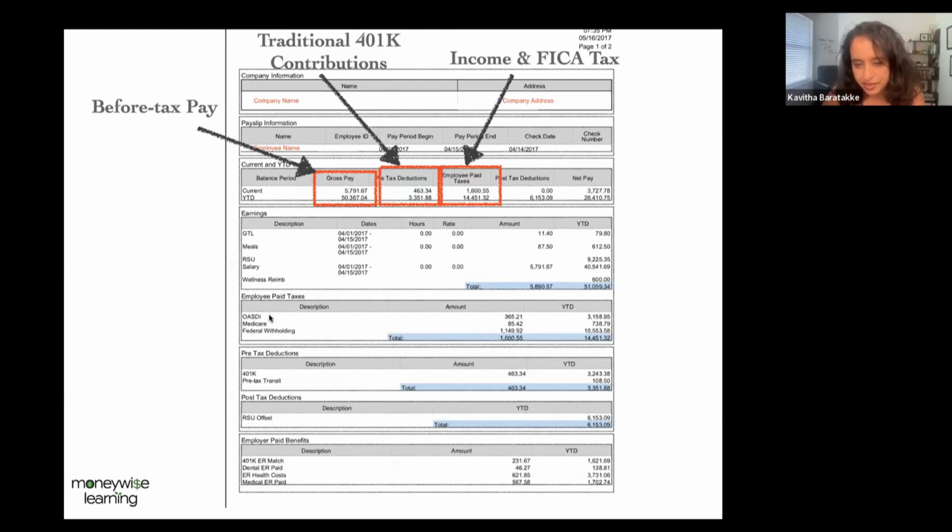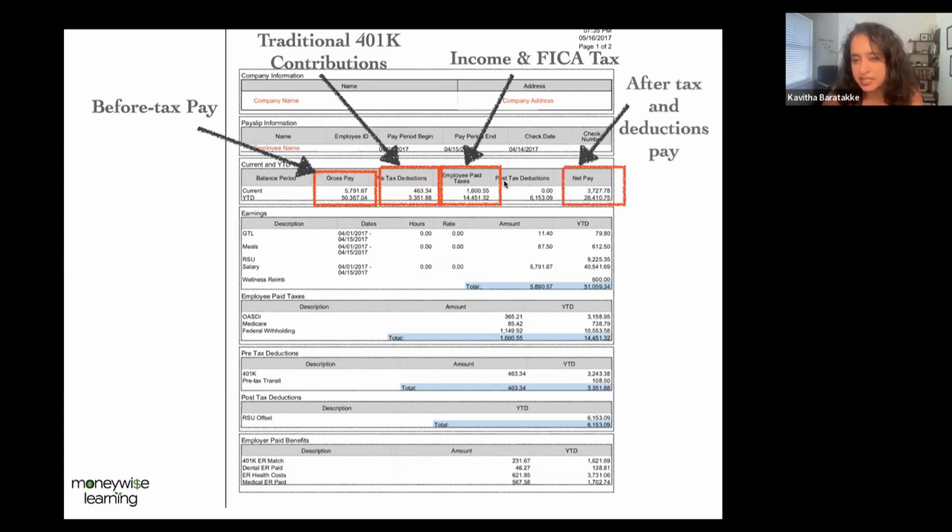This is your federal withholding, your largest one. That's the federal taxes that you're paying. And then we have Social Security and Medicare taxes, which is your FICA together, right? These are payroll taxes. So the total of all this is $1,655, which shows up here as employee paid taxes.